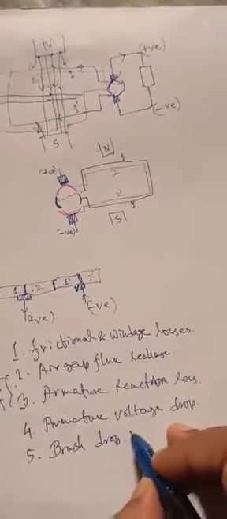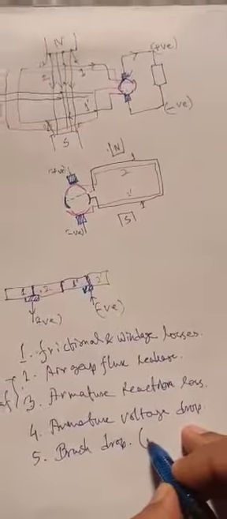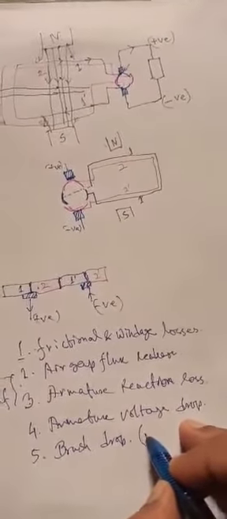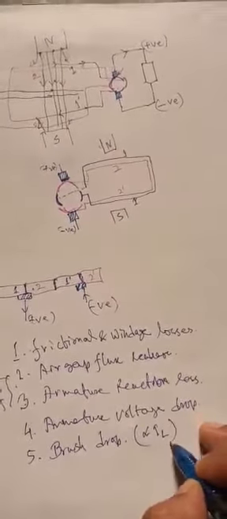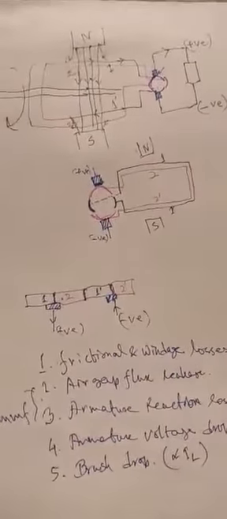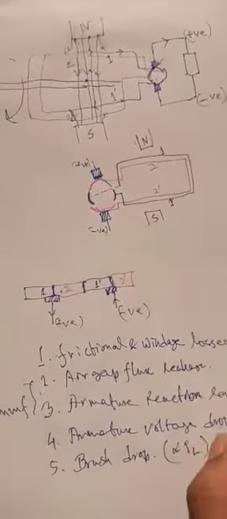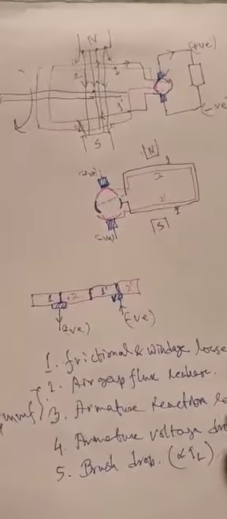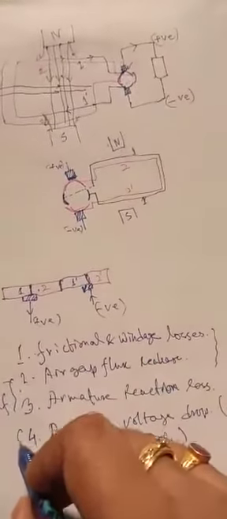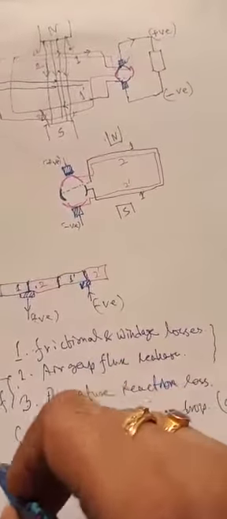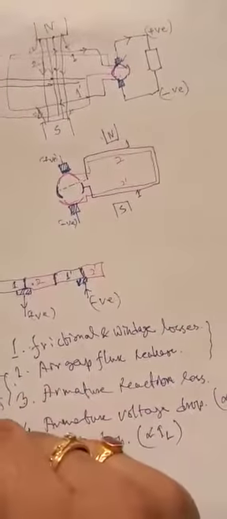This is also proportional to the current it is carrying, that is proportional to IA, or IL rather we say it, that means armature current. So actually these two are making drop of MMF, and these two, that means 4 and 5, are making drop of EMF or voltage drop.